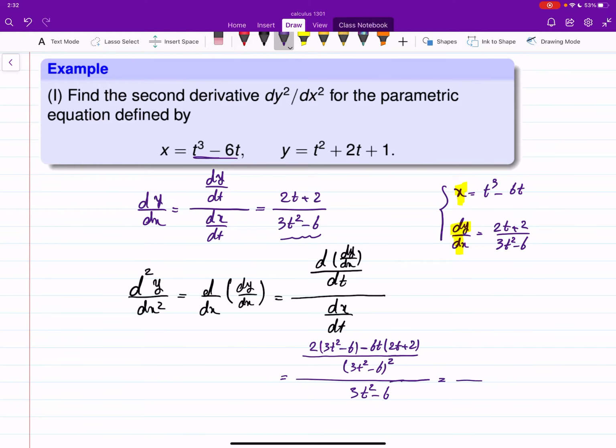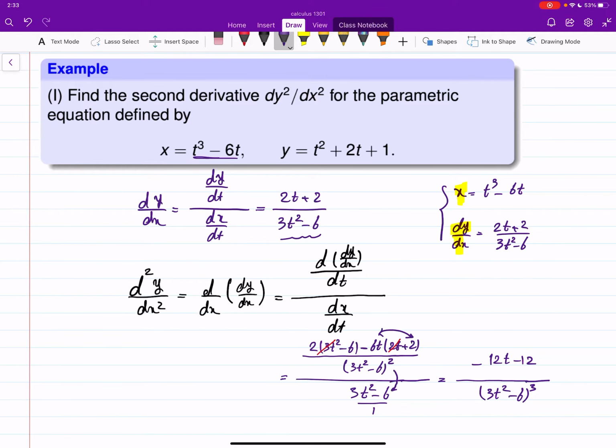If you set this up, the result is going to be, by the way, these will cancel each other, this one and that one, and the remaining is going to be minus 12t, that's coming from this one, and minus 12 in the numerator. In the denominator, we had this 3t squared minus 6 squared. We have to multiply it by the same thing, so this will be power 3.